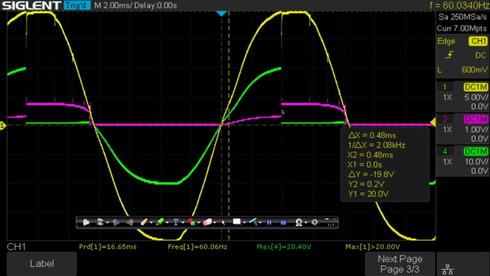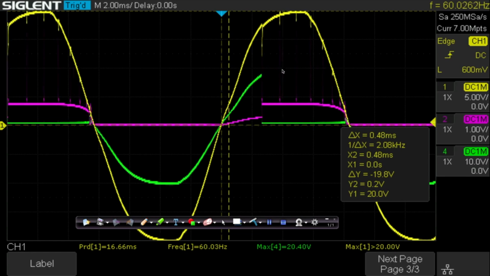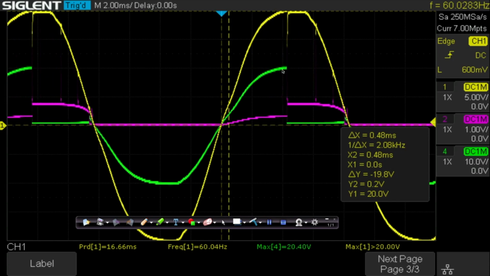This is when the UJT switches into conduction. This is the gate pulse going from the UJT into the SCR, and, not surprisingly, that aligns exactly with the firing angle. So you can see very nicely the three waveforms and how they all match up.